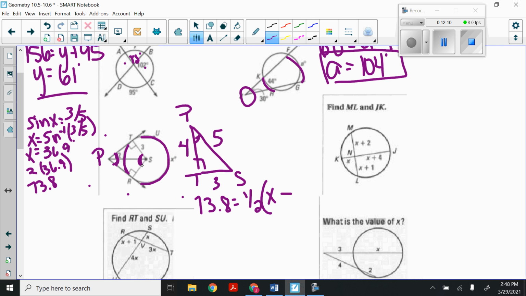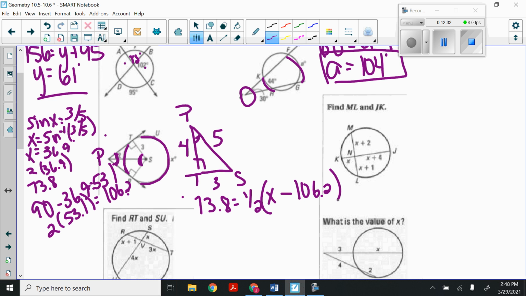If I know that this angle was 36.9, I can do 90 minus 36.9 to find my other angle there, which was 53.1. And then double that to get 106.2. So minus 106.2.